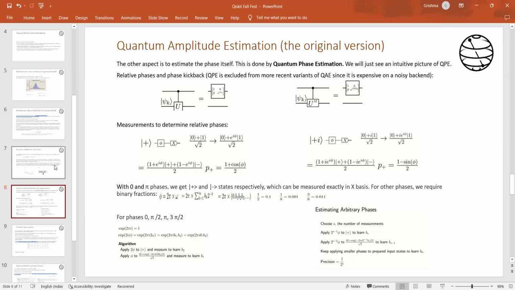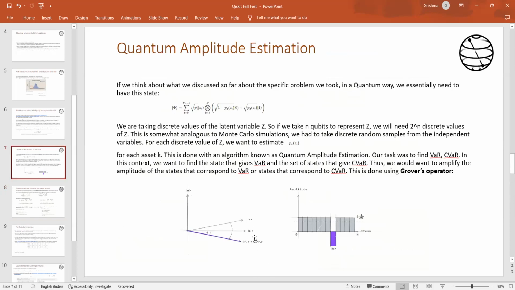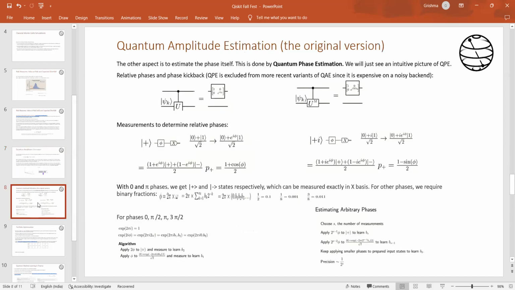In fact, even in Grover's algorithm, when we want to perform a reflection, or when we want to bring in a negative phase to a given state, we essentially have an ancilla qubit, which would typically be in a minus state. And when we perform an X gate on it, it would essentially have a negative phase, which would get kicked back to the relevant winning state. So that's the core idea of a phase kickback.